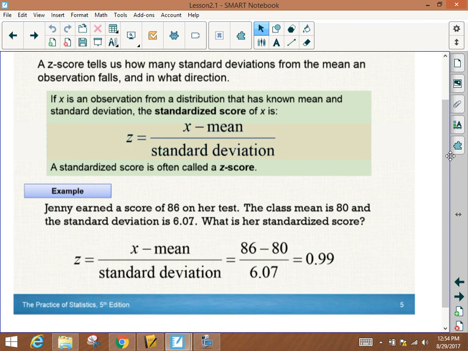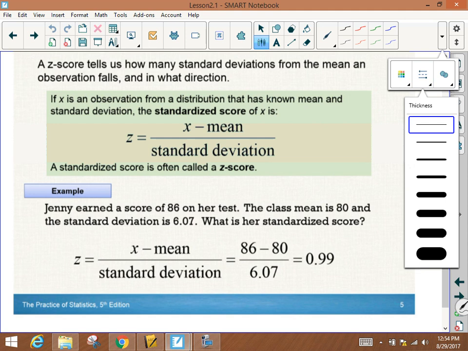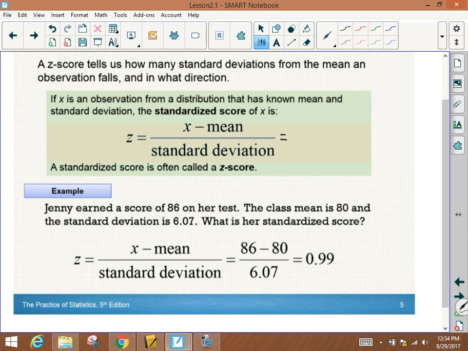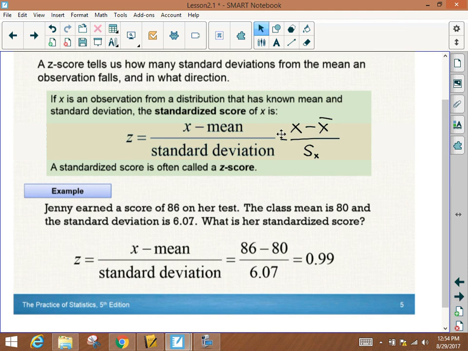So with this formula, we have z equals x, our data point that we want to know about, minus our mean, divided by standard deviation. To shorthand this, we could write it as x minus x bar divided by s sub x, which is our standard deviation. So we could write it in this way as well.